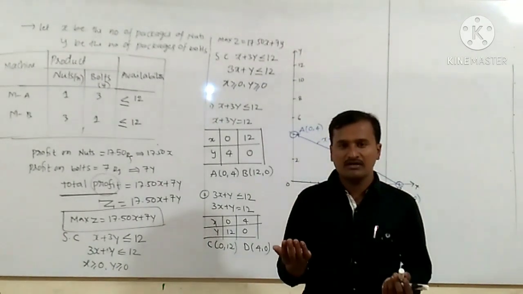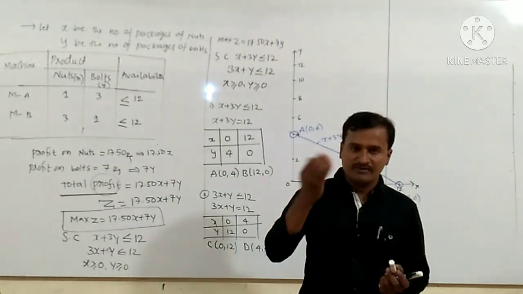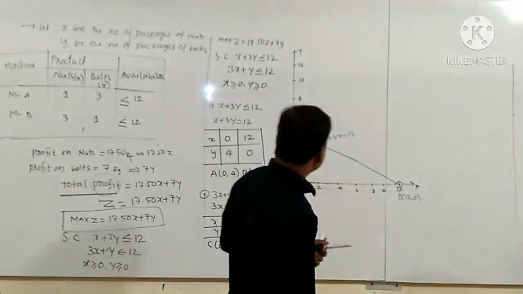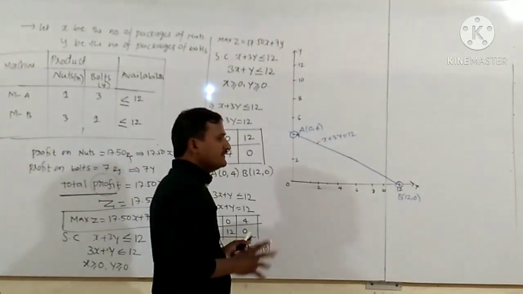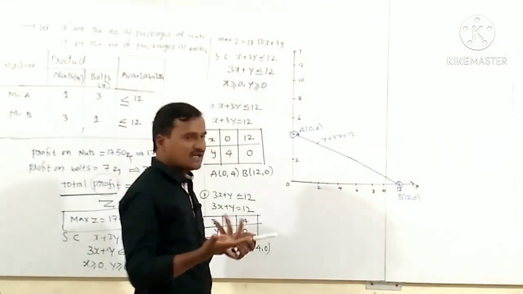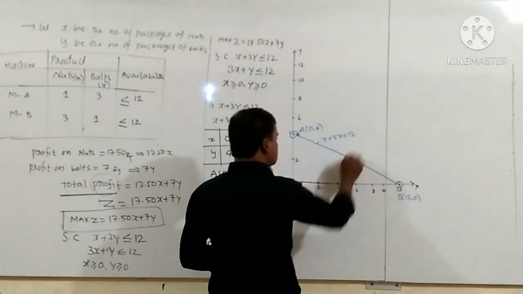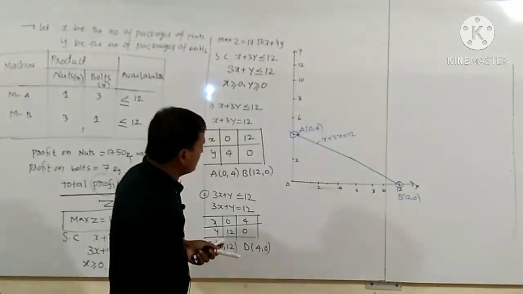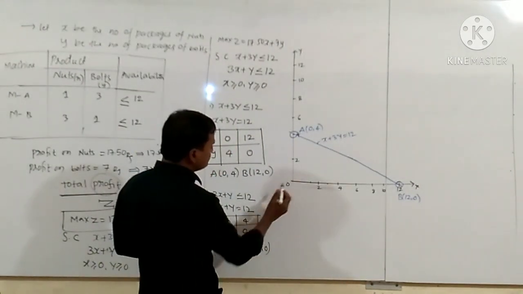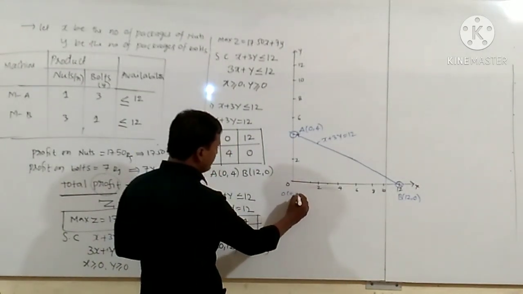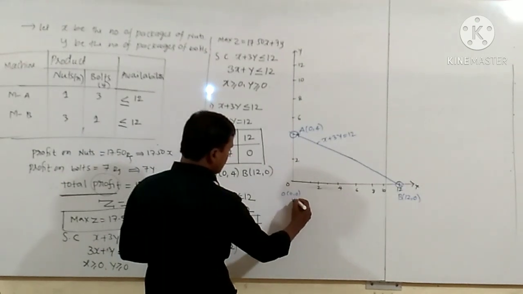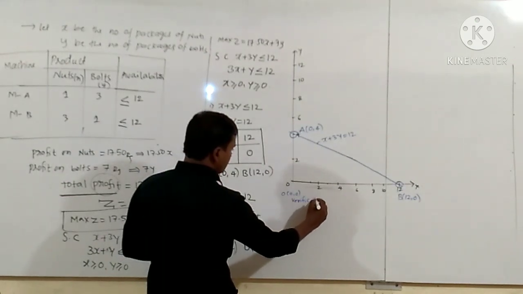If it is more than, then we shade away from the origin. But here it is less than, so whether the solution region exists below this line or above this line, for that I will take the point 0 comma 0 for verification.